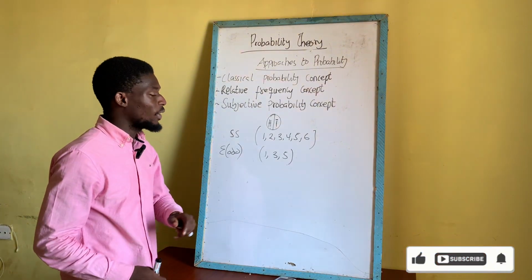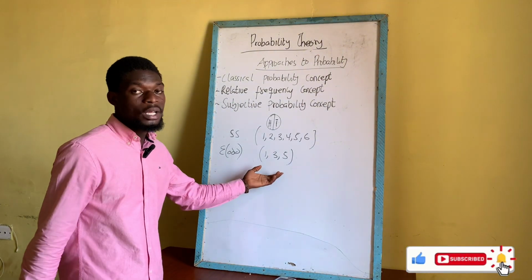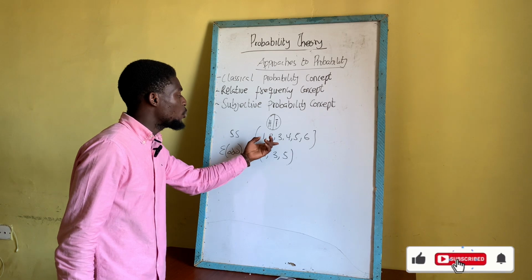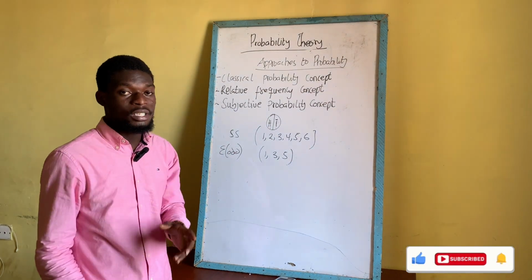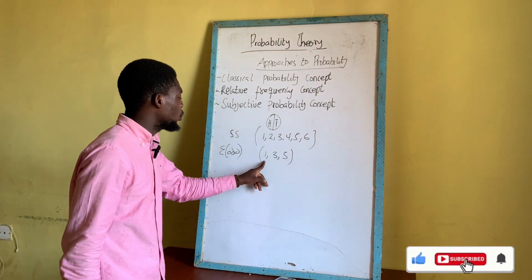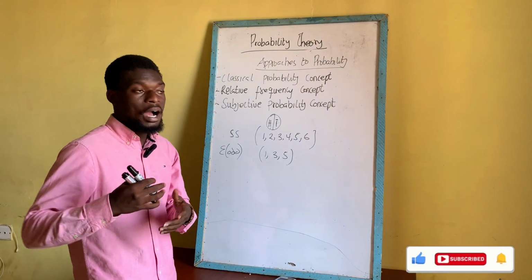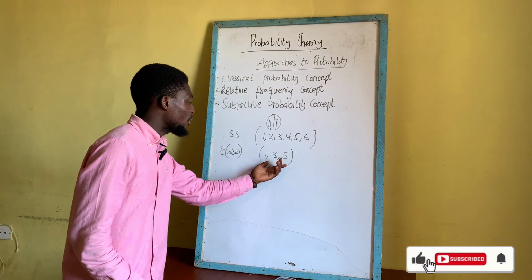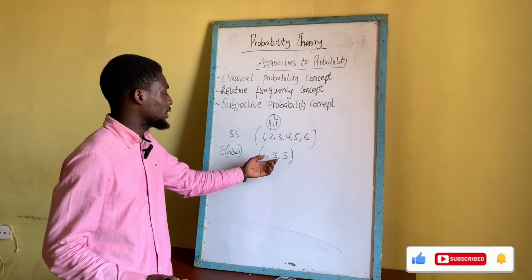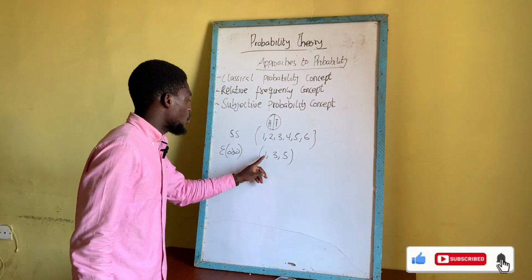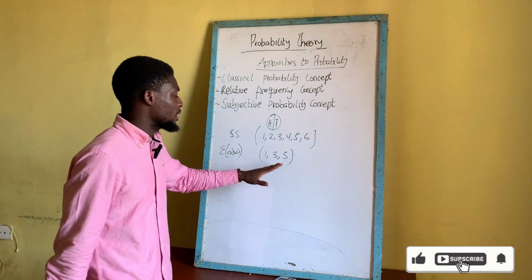So if you are asked to find the probability that you choose an odd number from the sample space, or the total possible outcomes, it is going to be the total number of odd numbers. That's the number of favorable outcomes. The favorable outcomes, if we are to get an odd number, are 1, 3, 5, and it is 3.